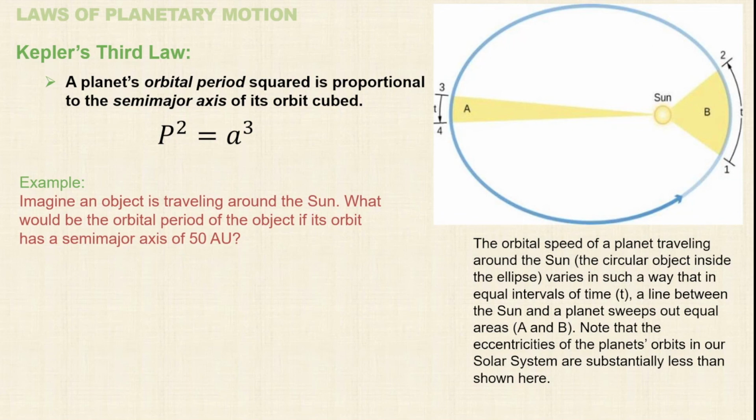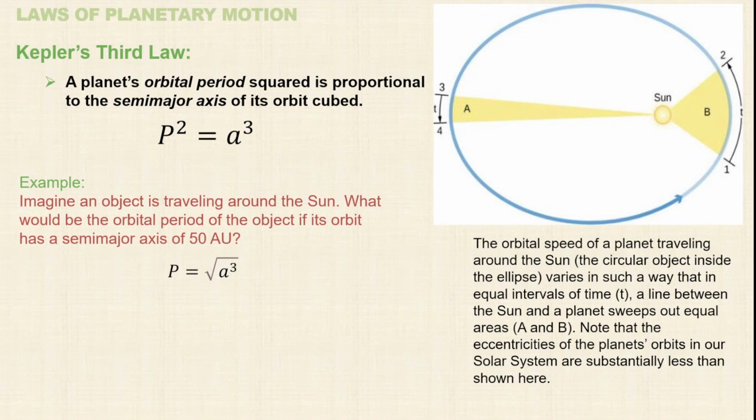And again, it's simple math. You're calculating for the period, P. So solve this equation. Square both sides, and that square goes away. So P is the square root of A cubed. A is in AU. You can leave the units in AU because the period is in years and the semi-major axis is in AU.